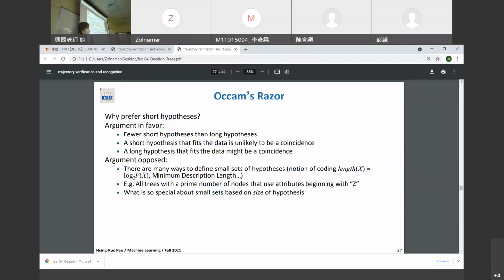There's no clear answer for why we define shorter and longer trees this way or that way, so that's something we don't feel comfortable with.